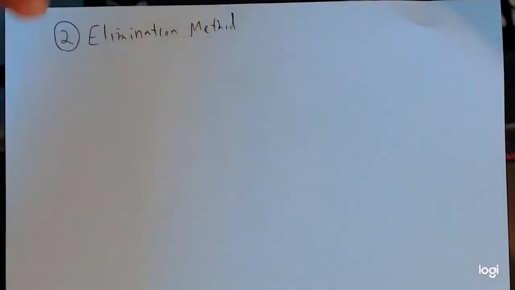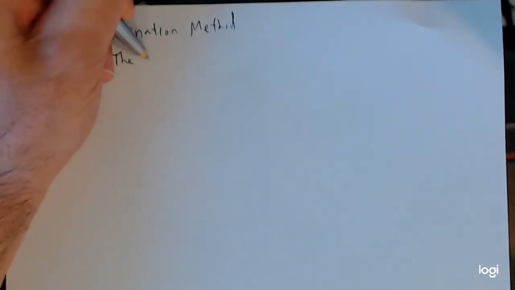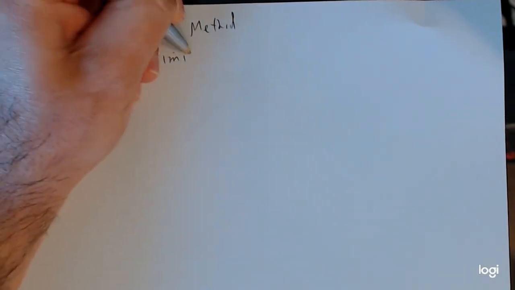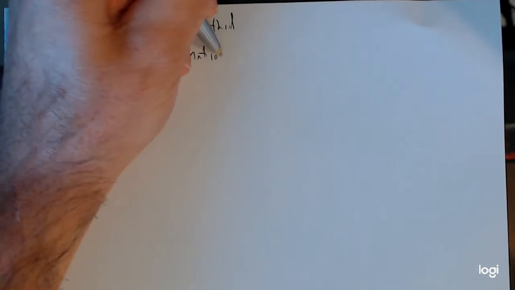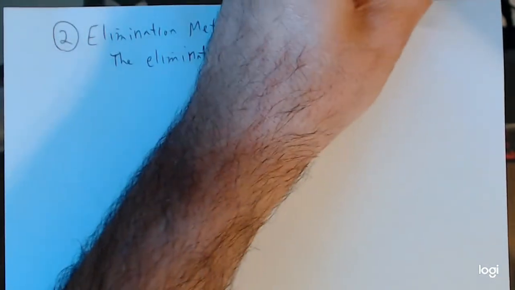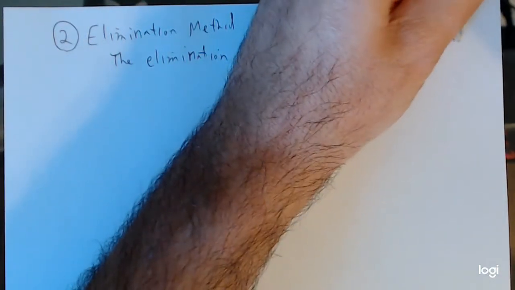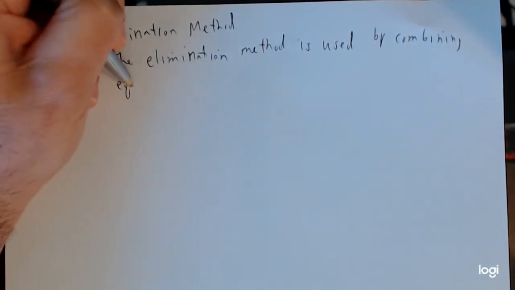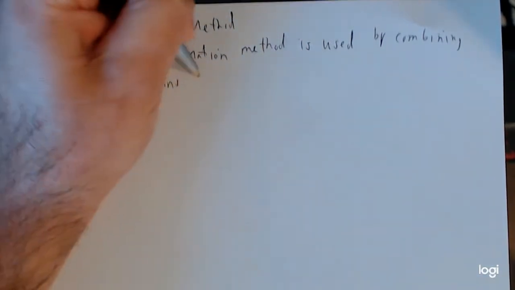The elimination method says the following: the elimination method is used by combining equations in order to eliminate a variable.